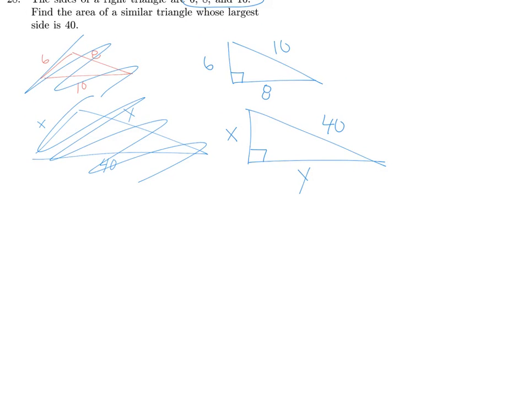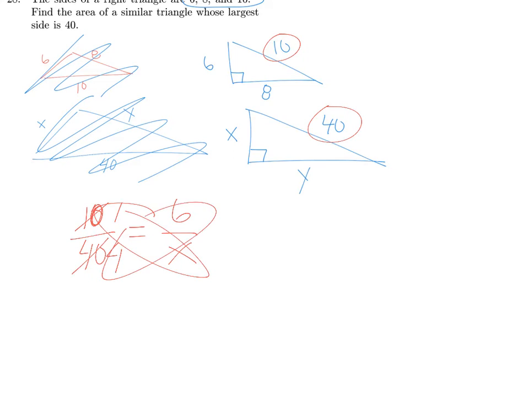All right, I could set up a proportion, 10 over 40 is equal to 6 over X. So this simplifies to 1 over 4. So I end up with X is equal to 24. All right, do the same thing for Y. 10 over 40 is equal to 8 over Y. All right, this gives me 1/4.